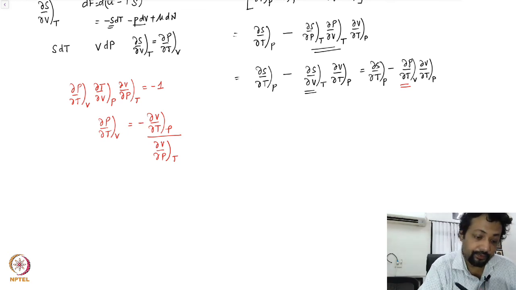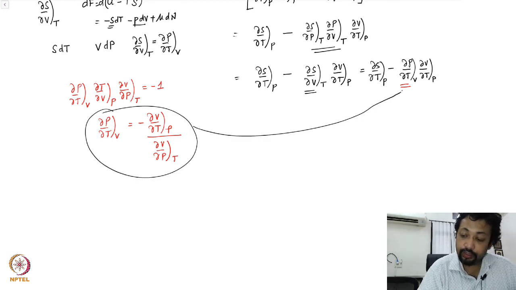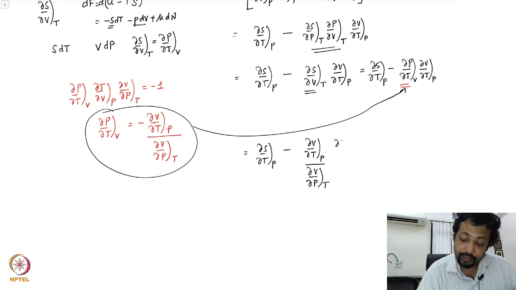So then I use this relation over here. So this is del S del T pressure constant minus del V del T pressure constant divided by del V del P temperature constant times del V del T pressure constant. This becomes a plus.